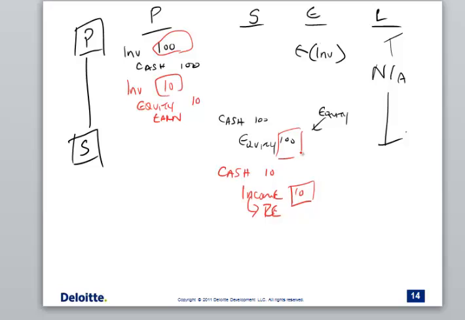P's investment in S is the same as S's equity. There's symmetry. But if I book these red entries, the S one's fine, but if I book this P one, I've got to eliminate all that. That doesn't hit my consolidated financial statements. So I have to eliminate the investment, and I have to eliminate this equity earnings.